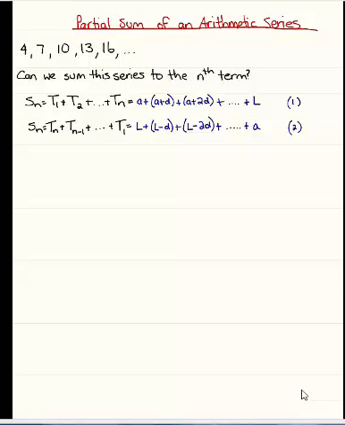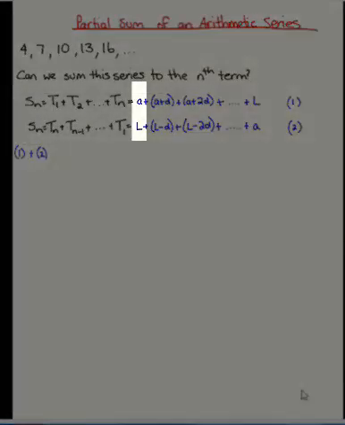Now have a look at those equations. We've got A's, we've got L's, and we have D's. In equation 1 we have plus D's, and in equation 2 we have minus D's. So what I'm going to do is do equation 1 plus equation 2. Start at the first one, have a look top and bottom. What I've got is an A and an L, and I'm adding them together.